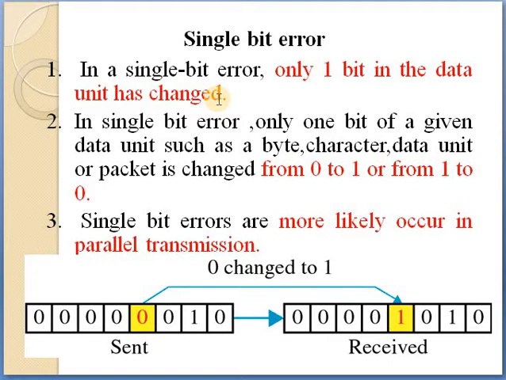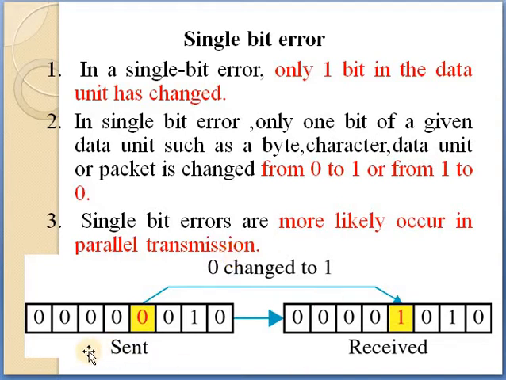It means only one bit of a given data unit, such as a byte, character or packet, is changed from 0 to 1 or from 1 to 0. Single bit errors are more likely to occur in parallel transmission.